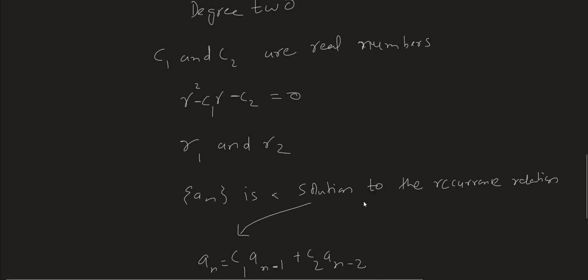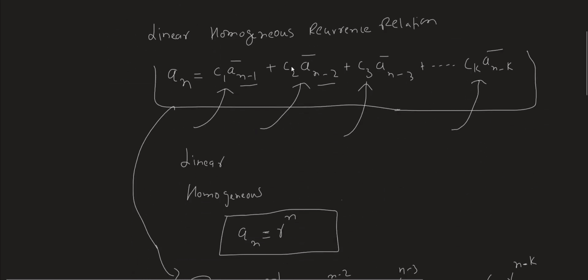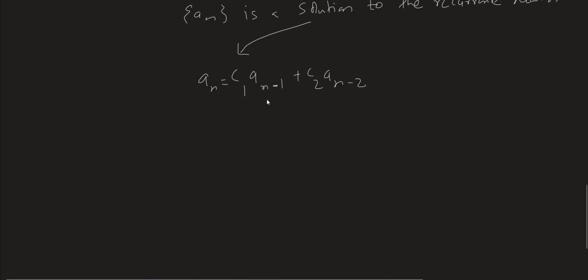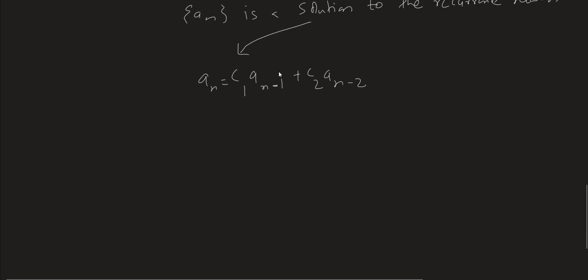This is basically the same equation that represents the linear homogeneous recurrence relation in a generalized way. Here the degree is 2, so we'll have only two terms, n minus 1 and n minus 2, and hence its characteristic equation will be this one, and this is the recurrence relation.